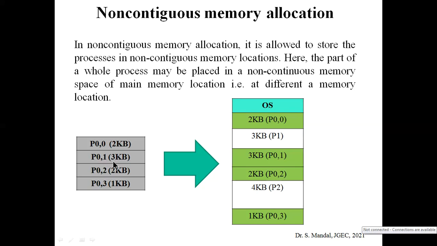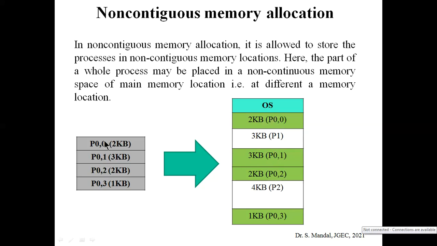So you can see that different parts of the process are allocated at different partitions. That is the main difference between contiguous and non-contiguous memory allocation. That's why the parts of a whole process may be placed in non-contiguous memory locations, that is, different memory locations. Here some parts are already allocated. You can see that this portion is contiguous for the P1 process, and this one is contiguous for the P2 process.